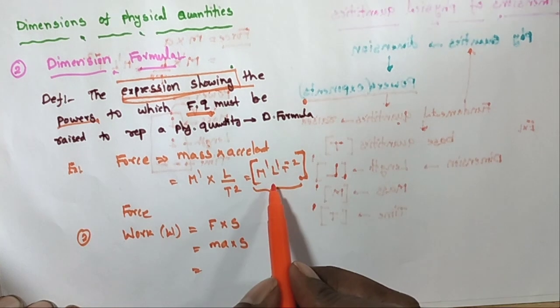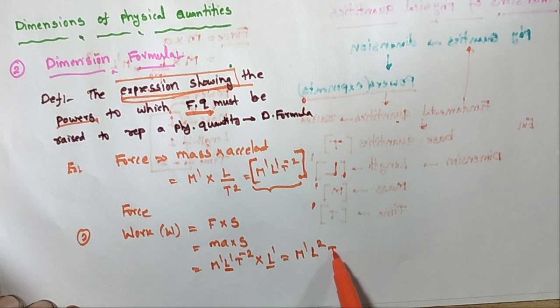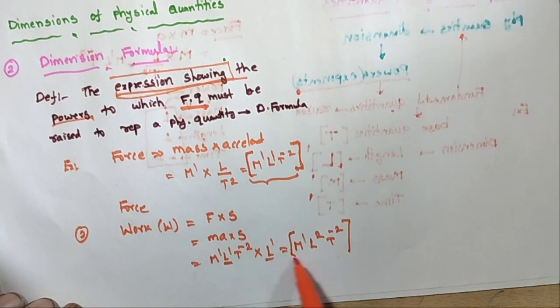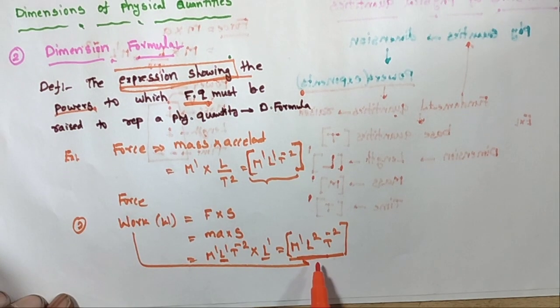We know that F is equal to M1 L1 T minus 2. S is the displacement, which is L1. So that is M1, L1 into L1, L squared T power minus 2. The dimensional formula of the work is M1 L squared T minus 2.